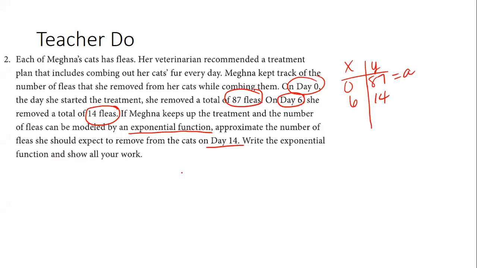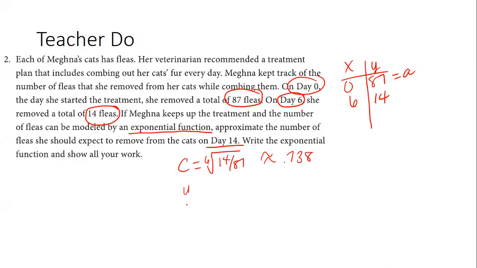All right, go. Okay, so for our C value, to find your C, 14. For your C, you should have done the 6th root of what? 14 over 87. Did we get that? And what did we get approximately for that value? 0.738. Yes.